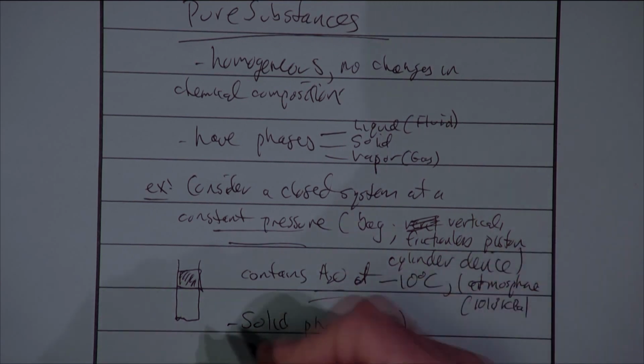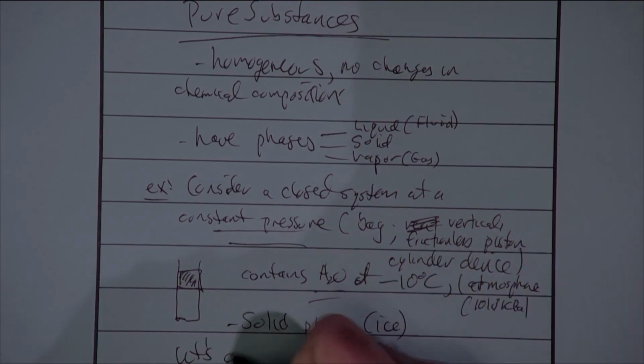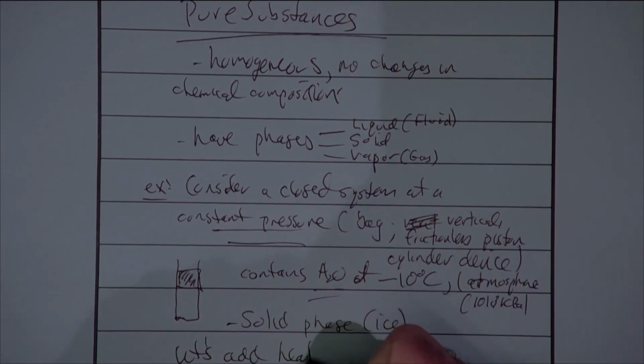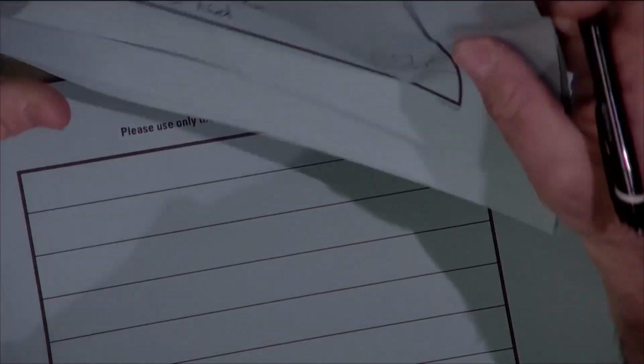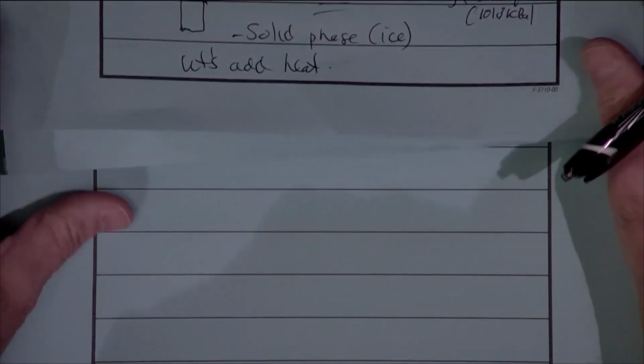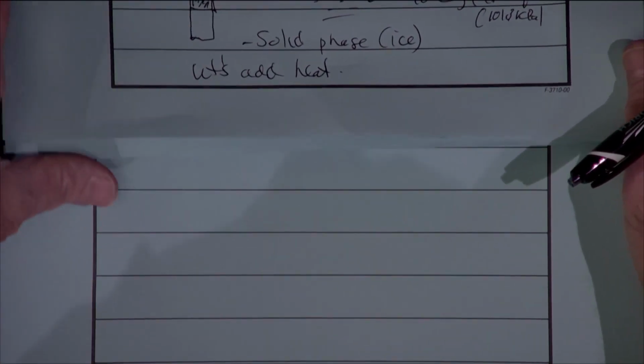Okay, now let's do something to it. Let's add heat. Okay, so as we add heat, the pressure remains constant, but that doesn't mean that the temperature remains constant. We've all added heat to ice before. Just let an ice cube sit out on the countertop, and we know what happens, right? It eventually is going to melt.